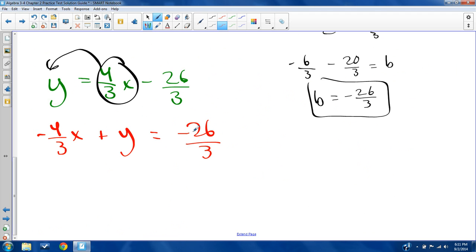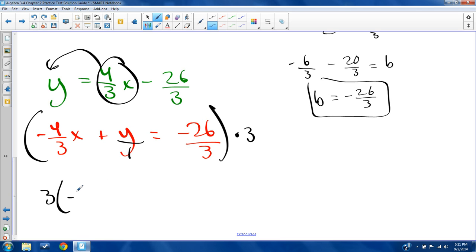Okay, I have fractions. Here's the tricky part for some. I can actually change these numbers as long as I keep my equation balanced. So I'm going to multiply both sides by a number so I'll no longer have fractions. -4 is over 3, y is over 1, and -26 is over 3. If I multiply both sides by 3, this will cancel out my fractions.